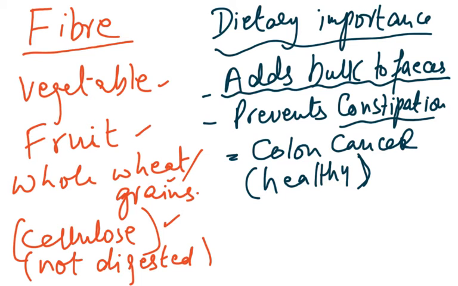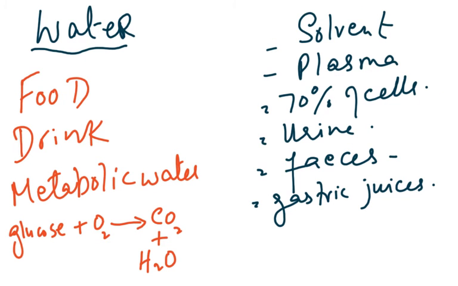Then the next and the last heading is water. How do we get water? When you have an apple, 50% of it is water. If you drink something like orange juice. And the third way by which you gain water is metabolic water. Please remember, in every cell of your body, the process of aerobic respiration is taking place.